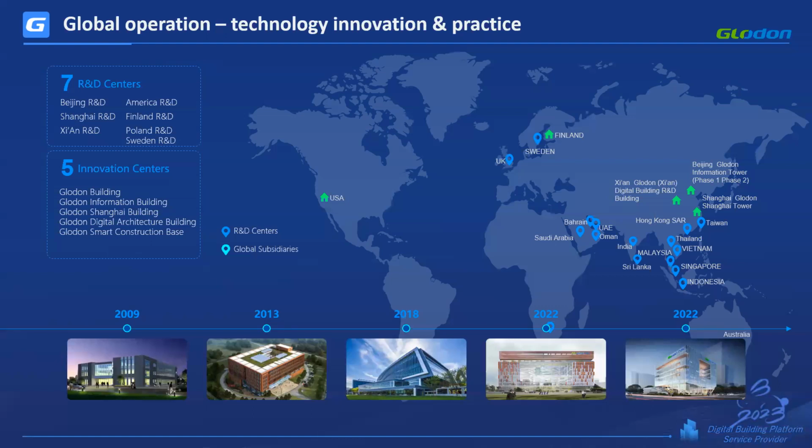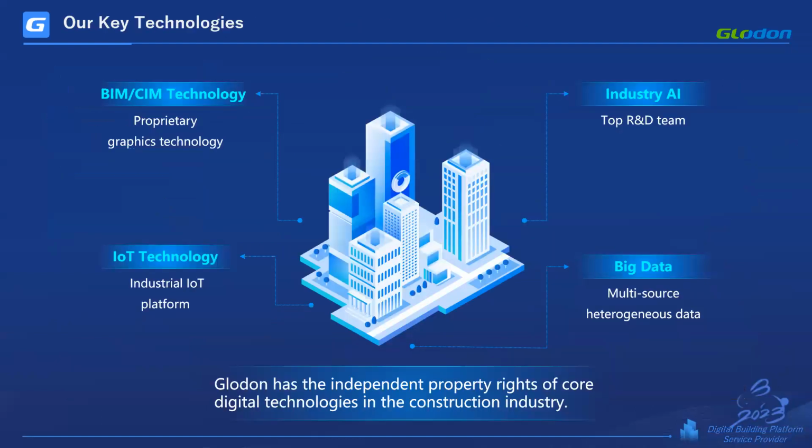We have 7 research and development centers: Beijing, Shanghai, Xi'an, America, Finland, Poland, and Sweden. We have 5 innovation centers, and we have a lot of global users. We have building information modeling technologies, and we are dealing with industry AI.